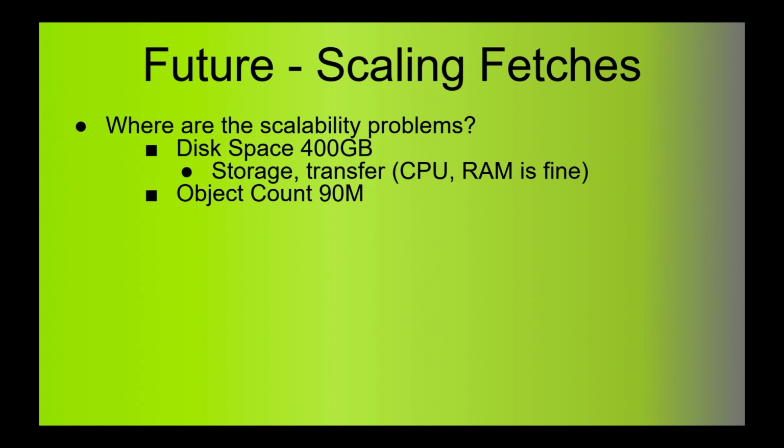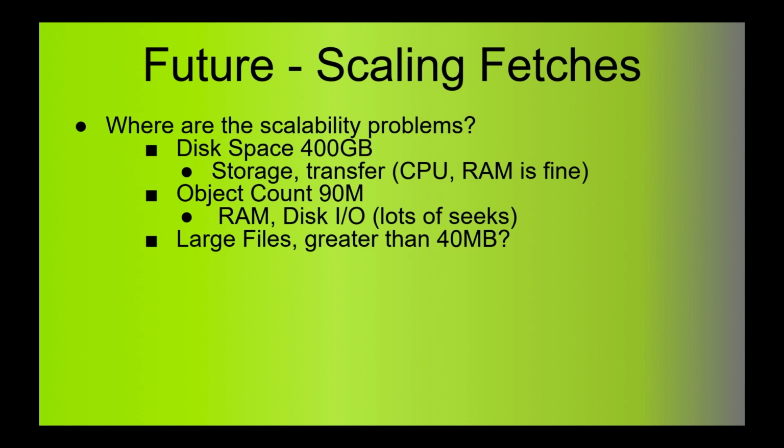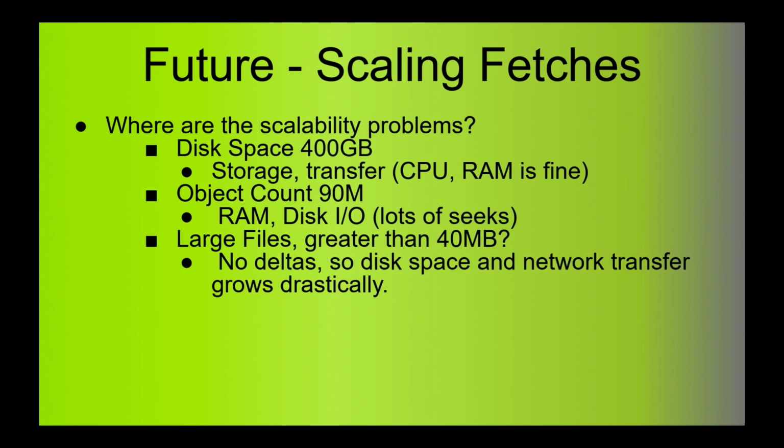What the hell is going on? So object count is a huge influencer of memory because of Java. So it also has lots of other problems. Large files, I don't know what a large file is, maybe stuff over 40 megabytes or something. They have problems because they don't delta. Patrick's talked about this. I don't want to get into it too much.